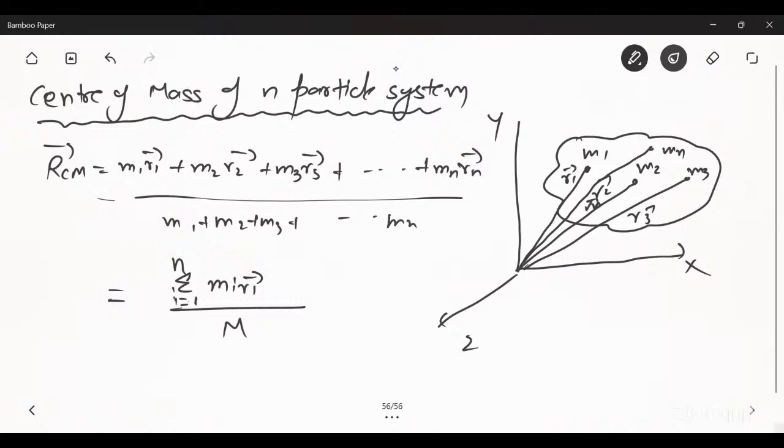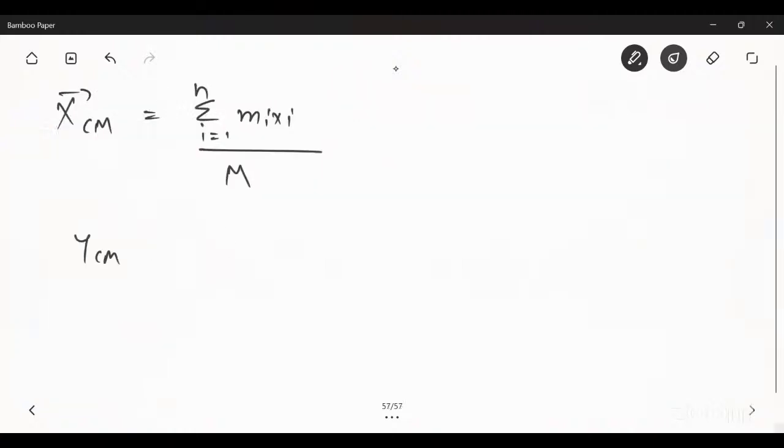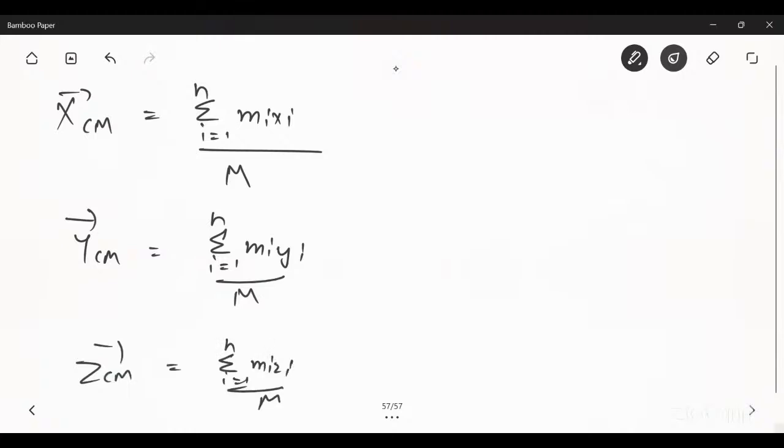Similarly, y_CM is equal to summation i equal to 1 to n of m_i y_i upon m. And z_CM is equal to summation i equal to 1 to n of m_i z_i upon m, which will be the value of z_CM. So that is your answer.